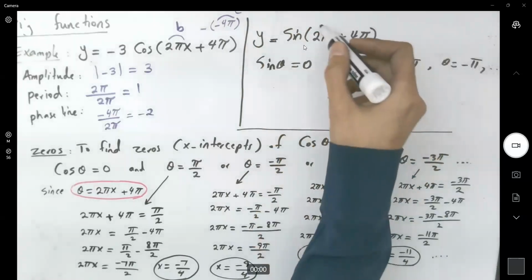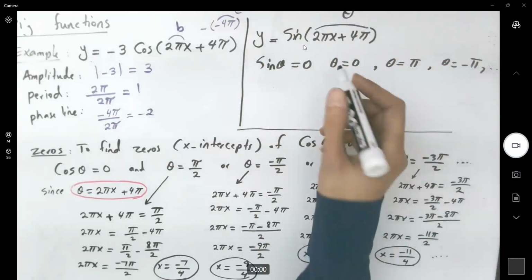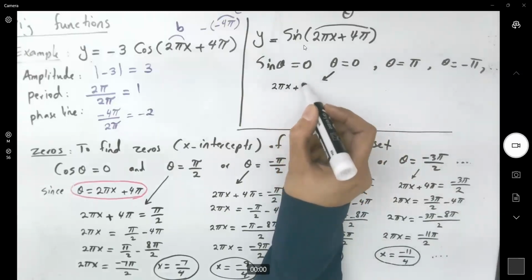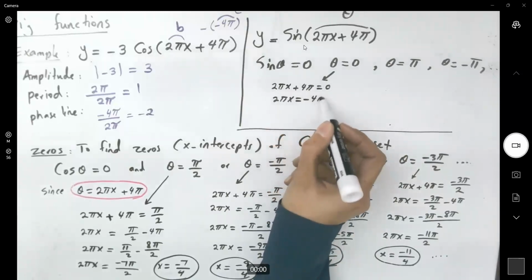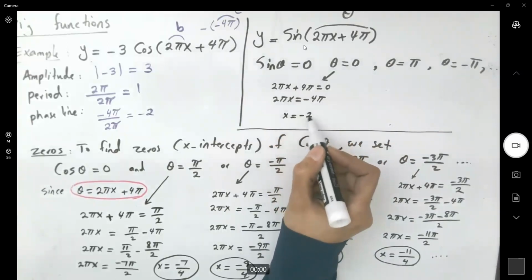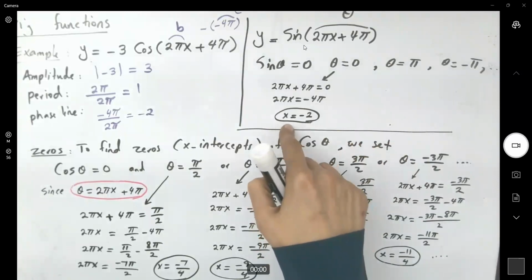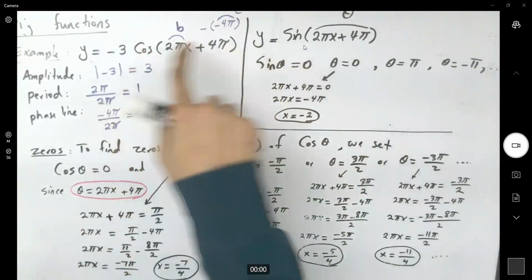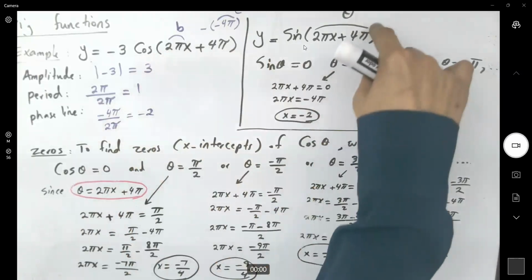So you're going to take this theta and set it equal to 0, solve for x. Let's take a look at this. Here you get 2 pi x plus 4 pi equal to 0. So 2 pi x is negative 4 pi, or x is equal to negative 4 divided by 2, or negative 2. As you can see, the numbers are going to be different because your sine is different from cosine function. Cosine is 0 at different angles than the sine.